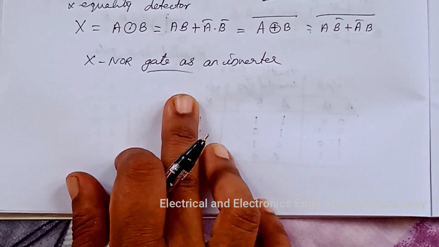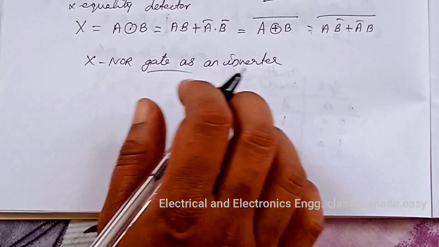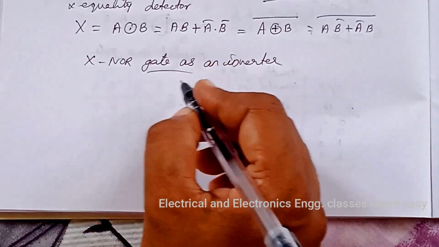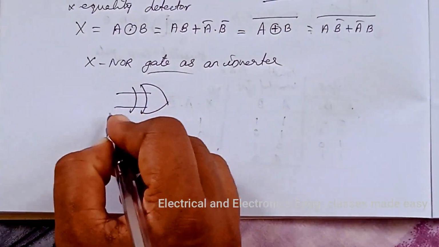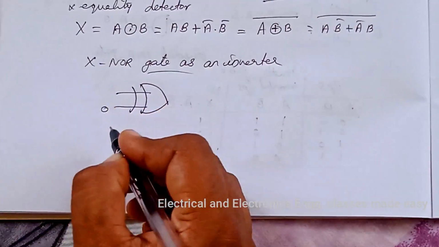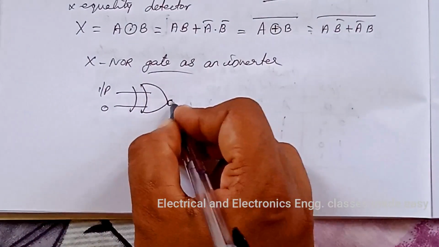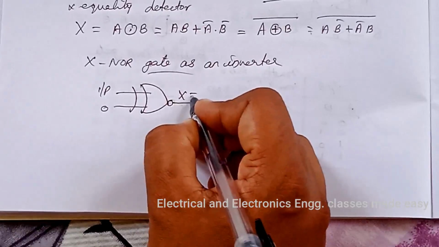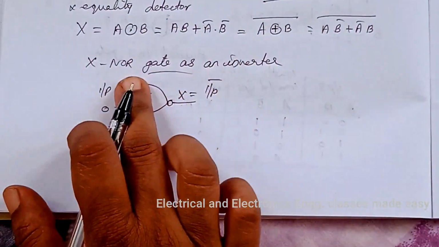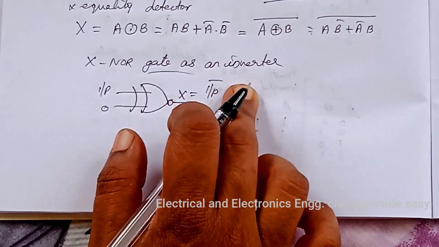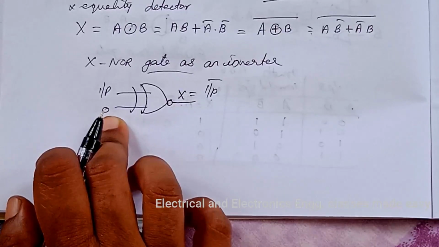XNOR gate can be used as an inverter by connecting one of the two input terminals to logic 0. That is, by connecting one of the two inputs to the logic 0, we will get the input inverted.